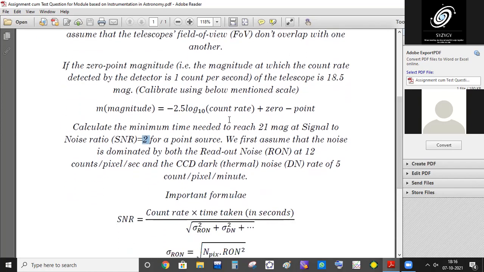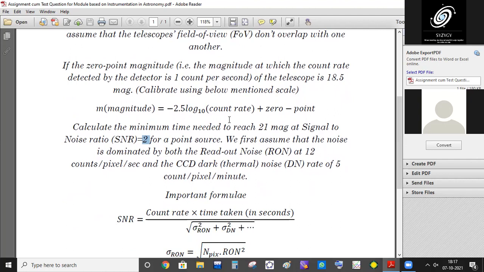So now the question starts. If the zero point magnitude, that is the magnitude at which the count rate detected by your detector is just 1 count per second.